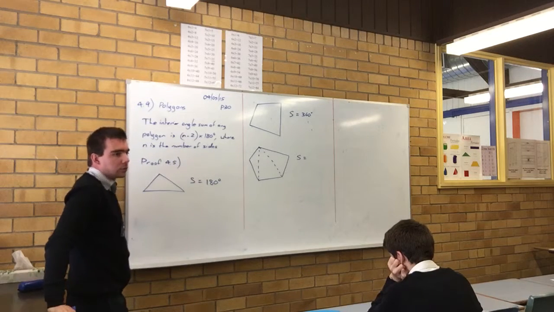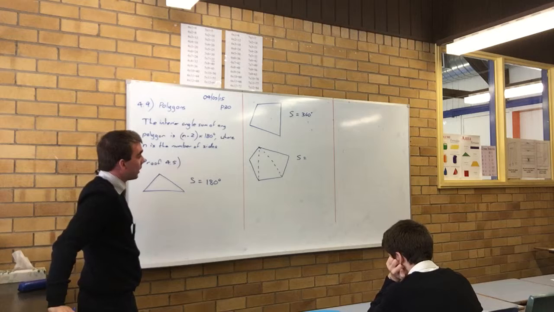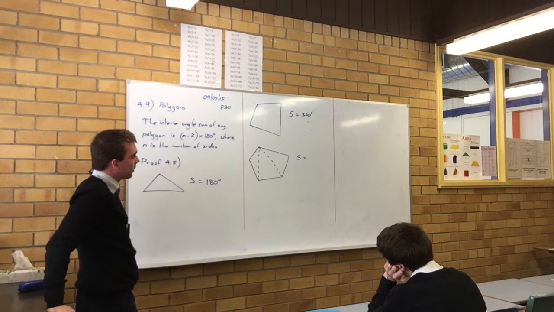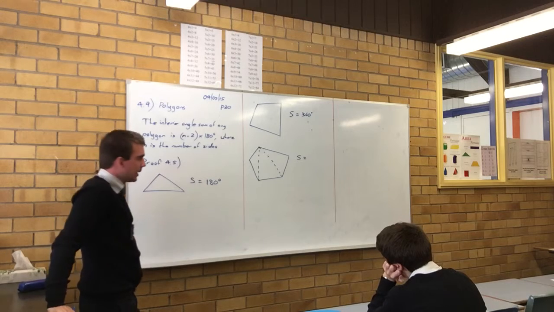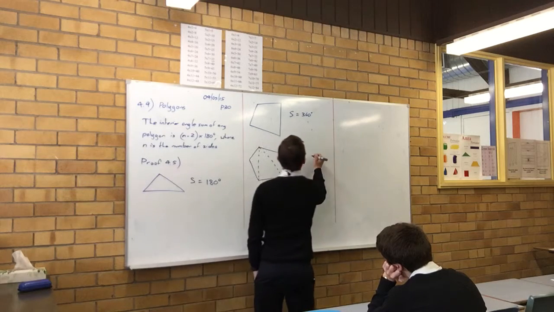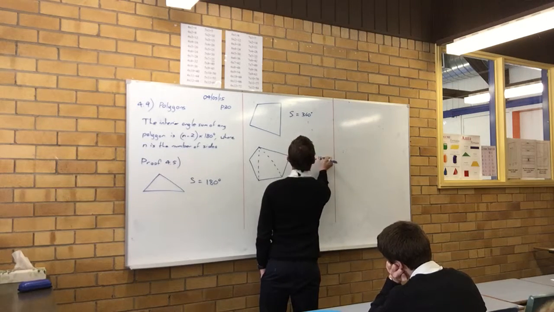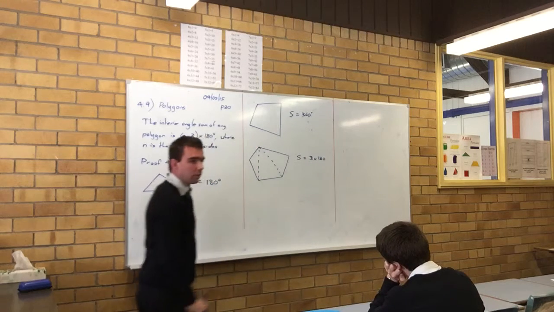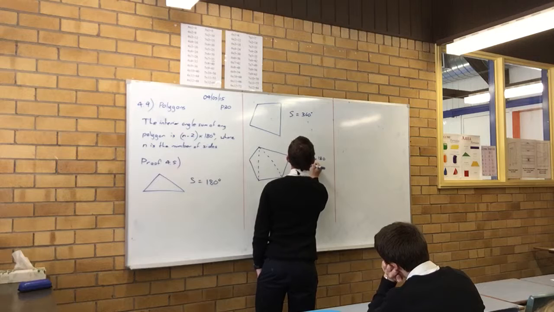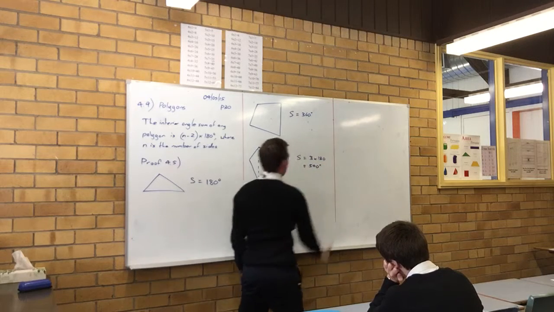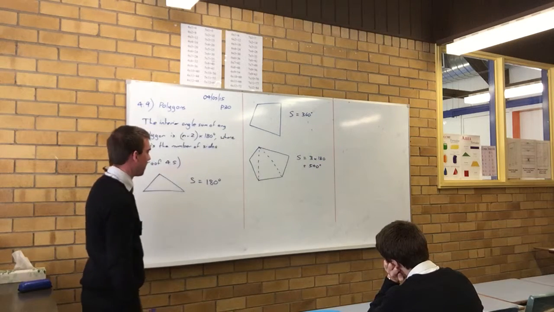So I'll put 2 diagonals there, which means inside that irregular pentagon I have 3 triangles. So the angle sum is going to be 3 lots of the angle sum of a triangle, which is 540 degrees, of course.